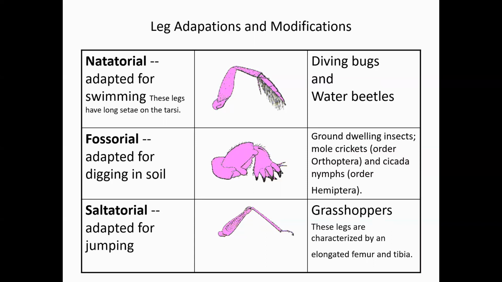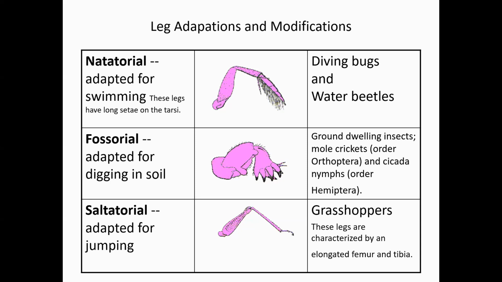The tibia and tarsus, they are short and broad with teeth-like projections. Teeth-like projections are observed in the tibia and tarsus. Example for this is mole crickets. Mole cricket is the example for this kind of fossorial type of legs.